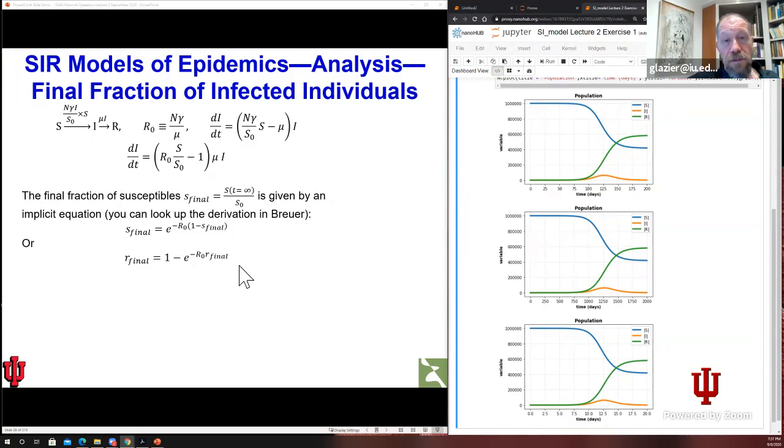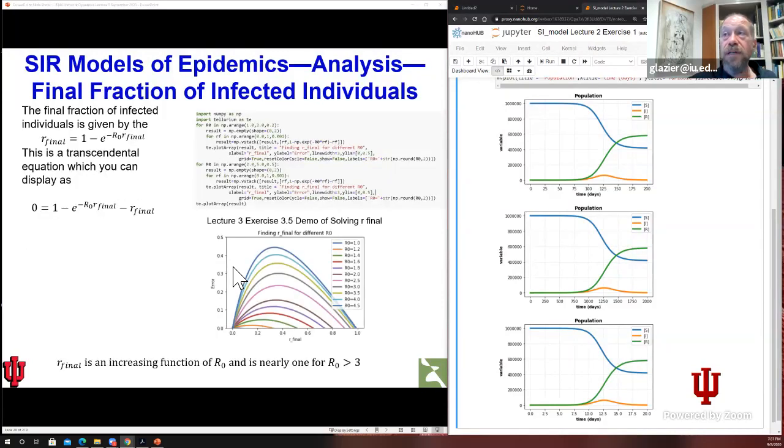That makes what's called a transcendental equation, which means it doesn't have a closed form analytic solution. If you have a symbolic manipulator like Mathematica, it can give you a pretty good approximation if you want it. The other thing we could do is solve it numerically.